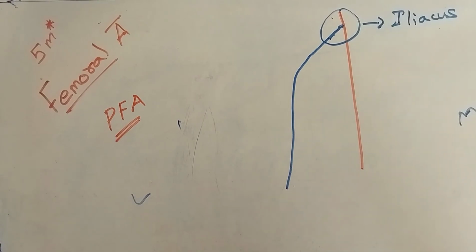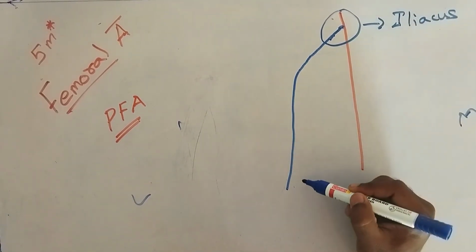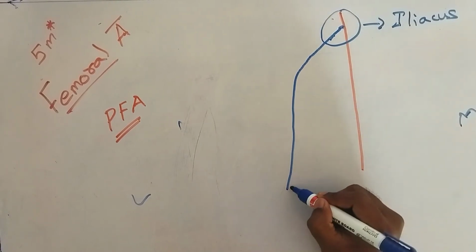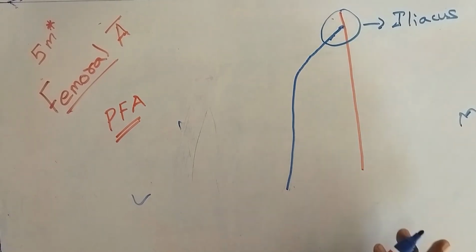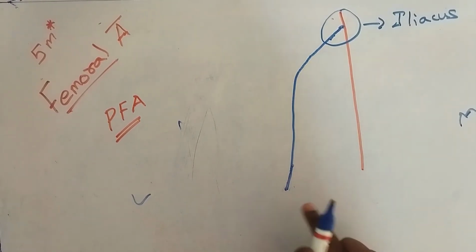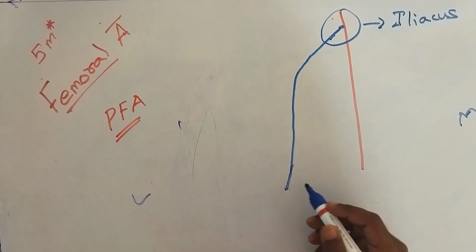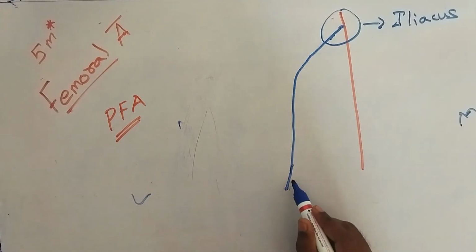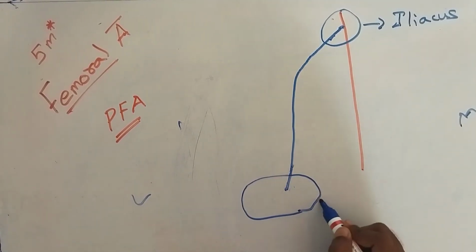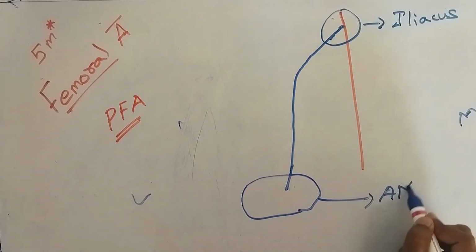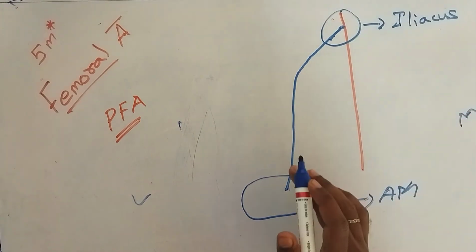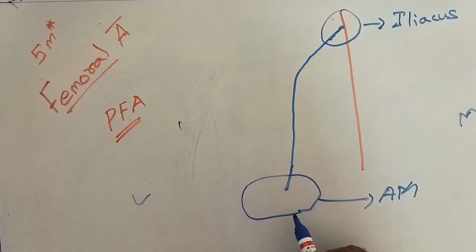Next, its terminal part pierces the adductor magnus muscle. That means the terminal part of this profunda femoris artery pierces the adductor magnus muscle to form an anastomosis with the upper muscular branch of the popliteal artery.